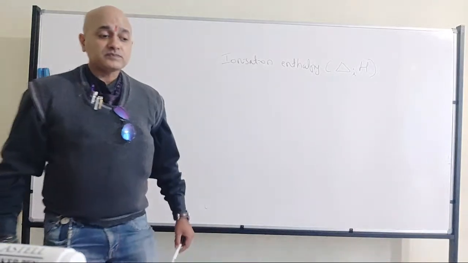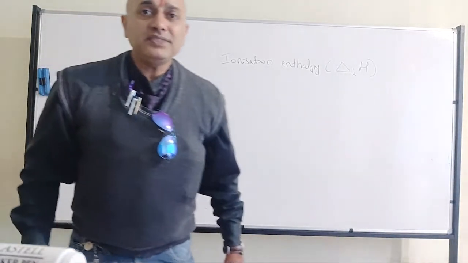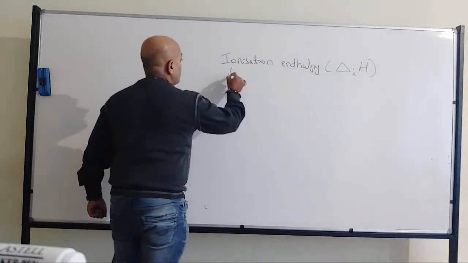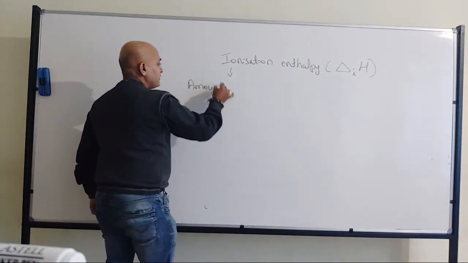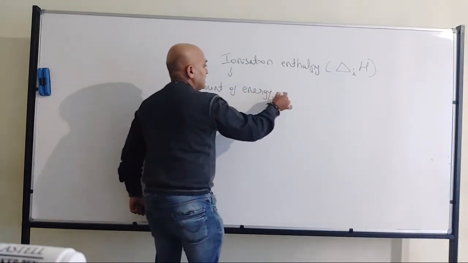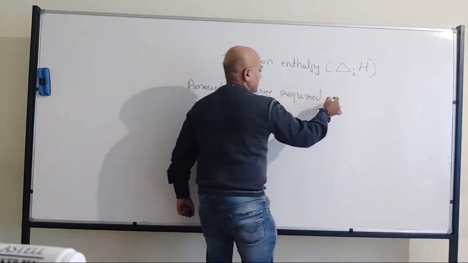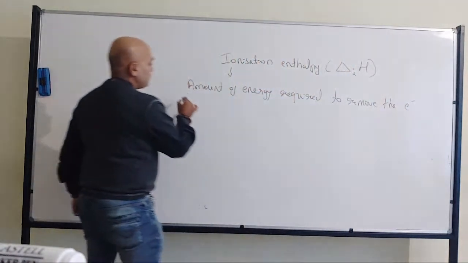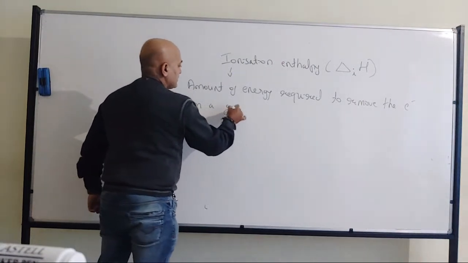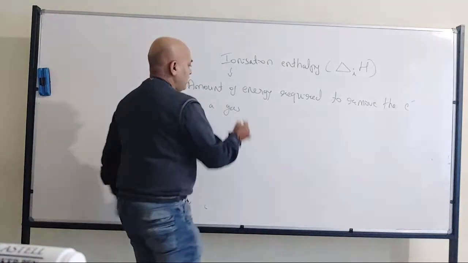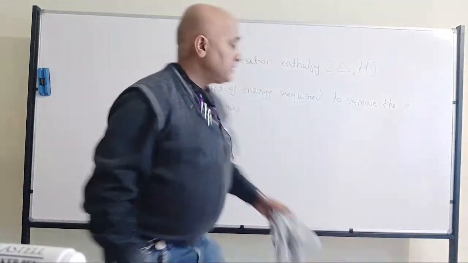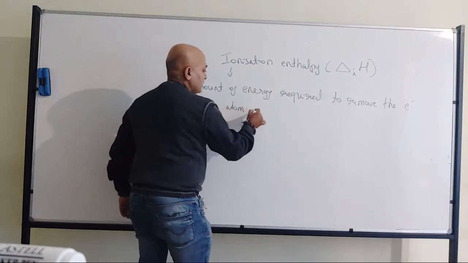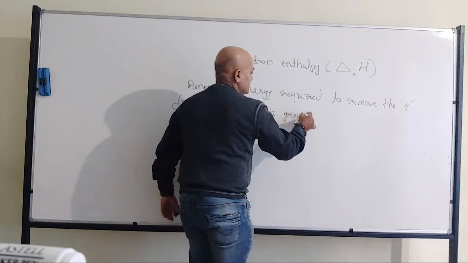Fine. When I am talking about ionization enthalpy, if I want to define it, it is the amount of energy required to remove the electron from an atom in its gaseous state, or okay, I will write atoms, to remove the electron from an atom in its ground state.